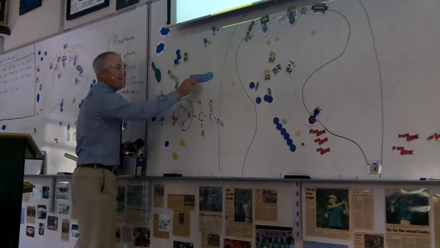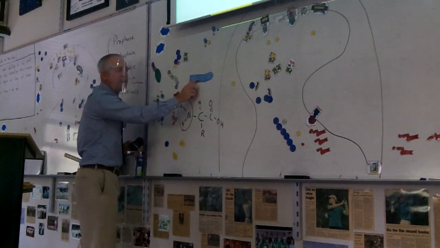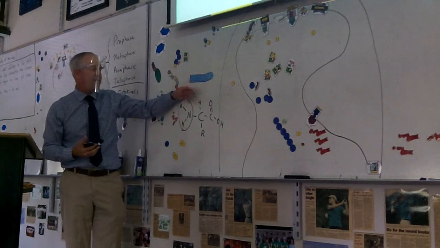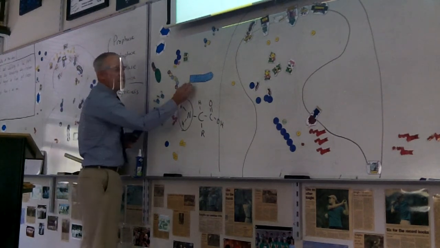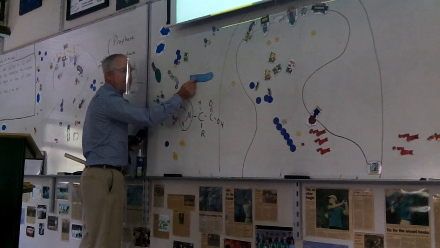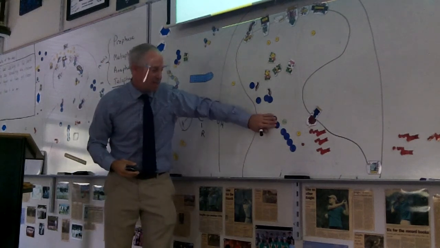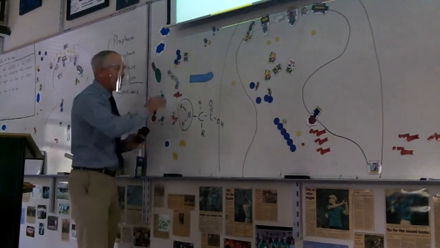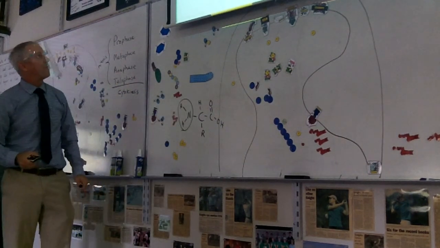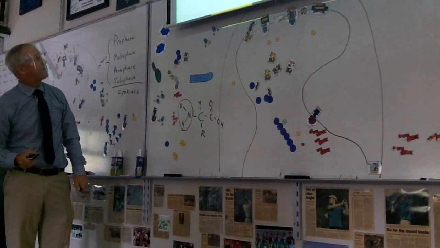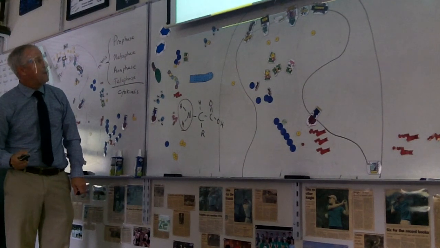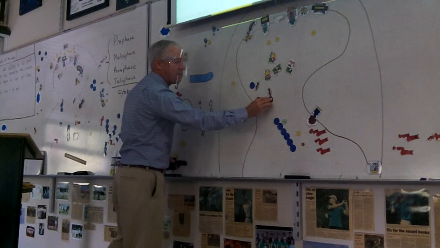Also, here is a fatty acid chain. You see how it's got a whole bunch of carbons on it? Basically, these fatty acids can be broken down for ATP. There are enzymes that will break apart the fatty acid and leave just sets of 2 carbons. And then those 2 carbons can feed into the citric acid cycle, just like these 2 carbons did, and be broken down. So your fatty acid chains can be broken down too for energy. So you can see fatty acids enter the system right here.